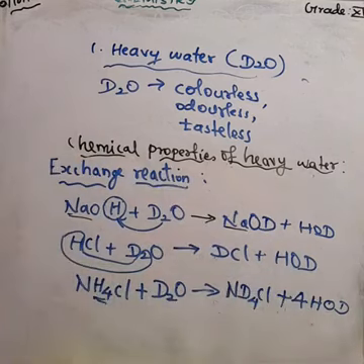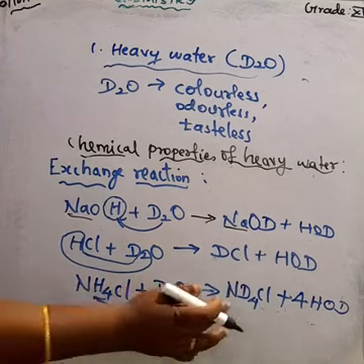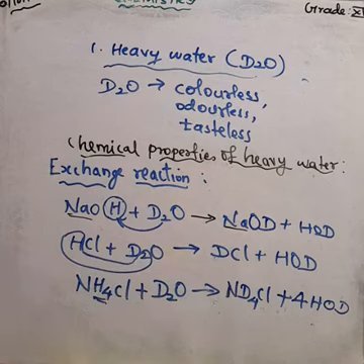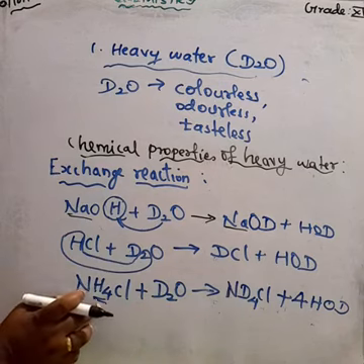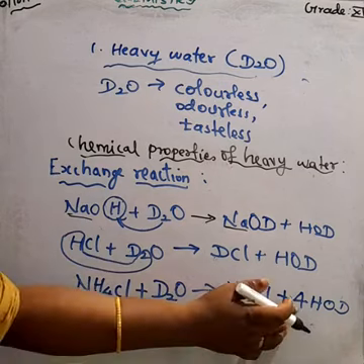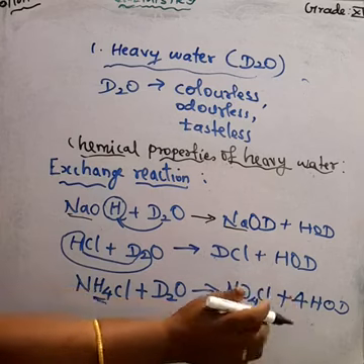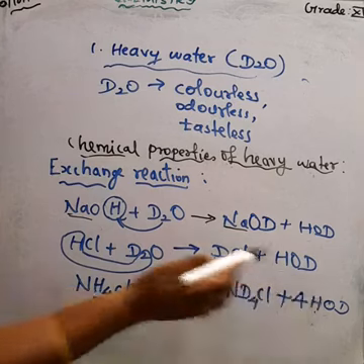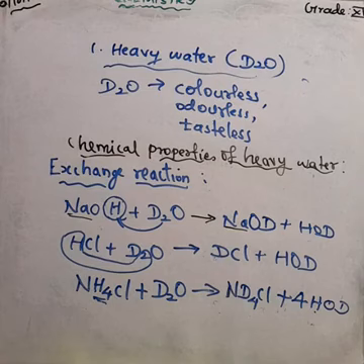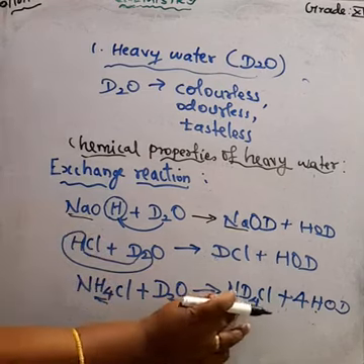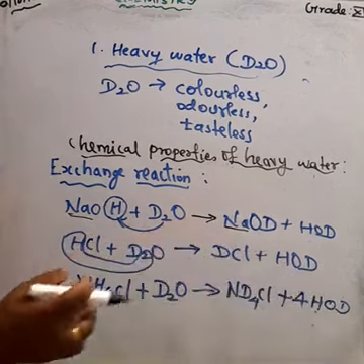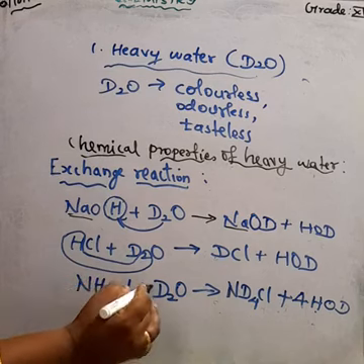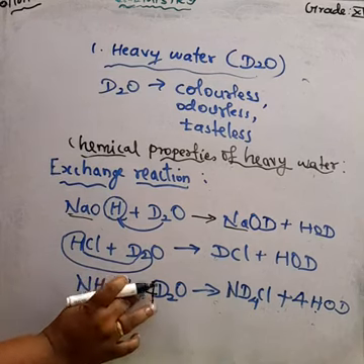We have to balance the equation here. Instead of 4 hydrogen atoms, 4 deuterium atoms are exchanged in the ammonium. The 4 hydrogen atoms in the ammonium chloride form 4 HOD. So how many deuterium atoms in total? 4 plus 4, totally 8 deuterium atoms. So we have to make it 4 twos are 8 deuterium.